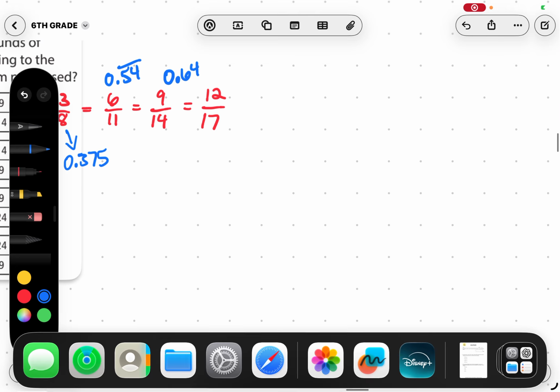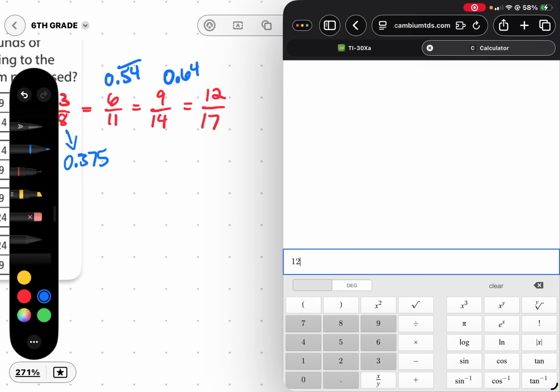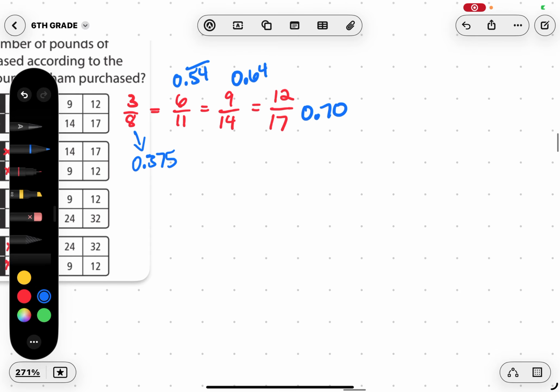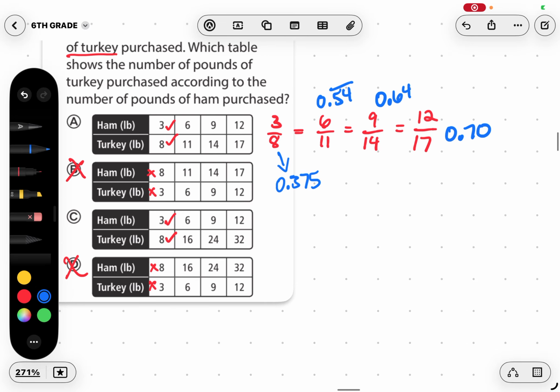And then 12 divided by 17 is 0.70. So none of those equal the same thing. That's one way to determine if the table is correct, okay? So we know that A won't be correct.